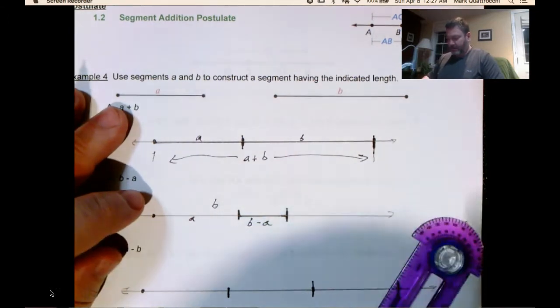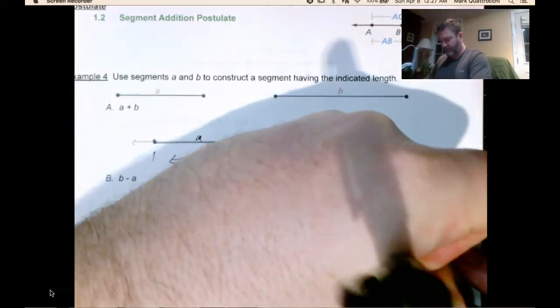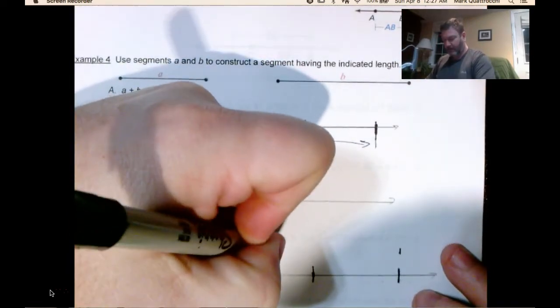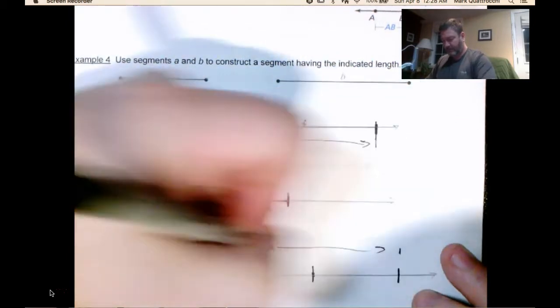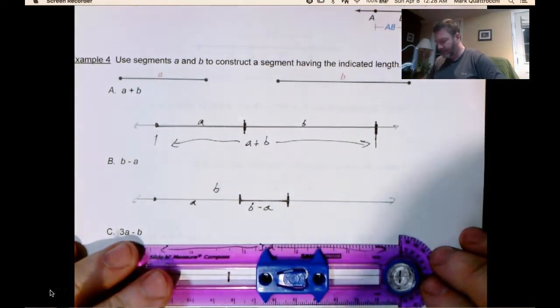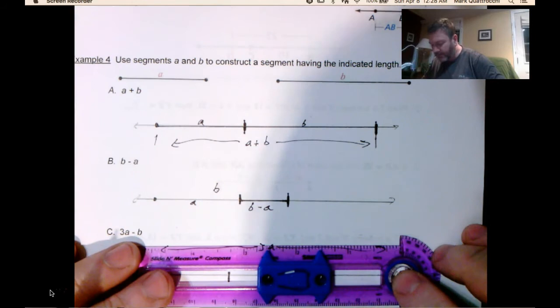And I'm actually going to go from, so this is from here to here is 3A. I'm going to go from the right hand side. I could go from the left hand side, doesn't matter. But I'm going to go from the far right hand side here.